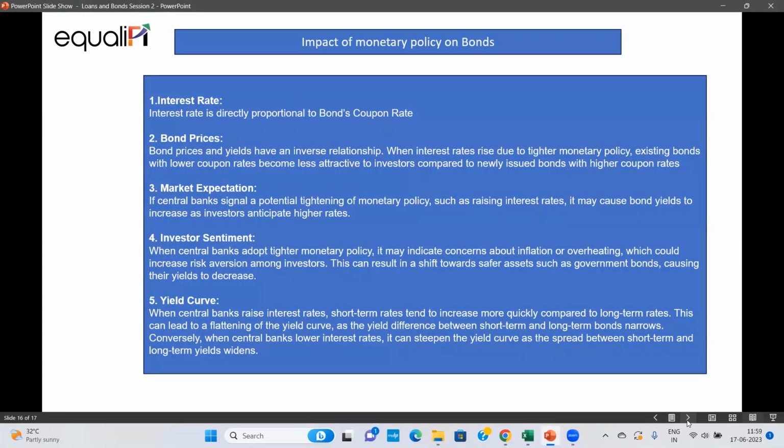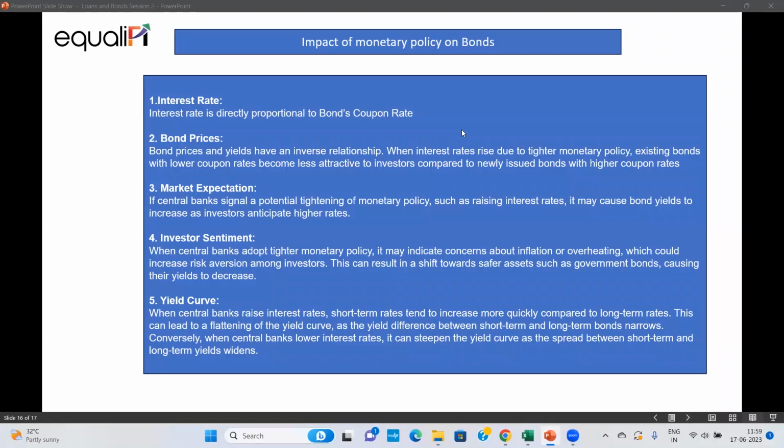Can you write in the chat box, please? Your last point. The question is, short-term rates tend to increase more quickly compared to long-term rates once central bank raises interest rate.